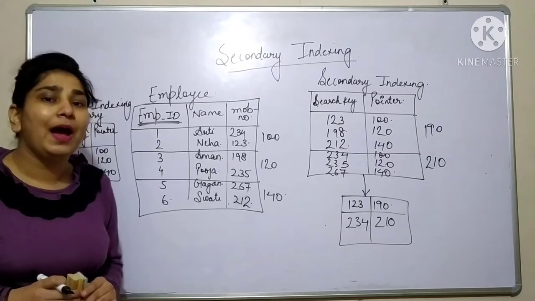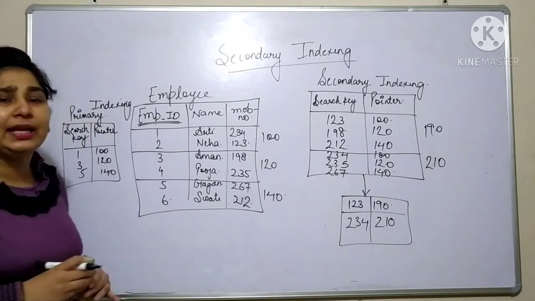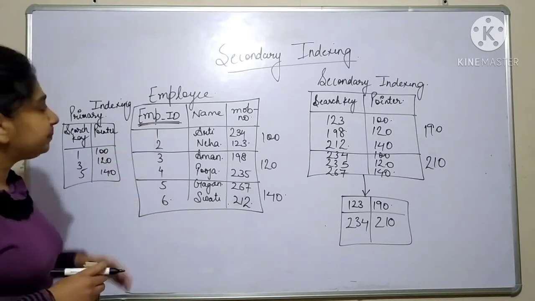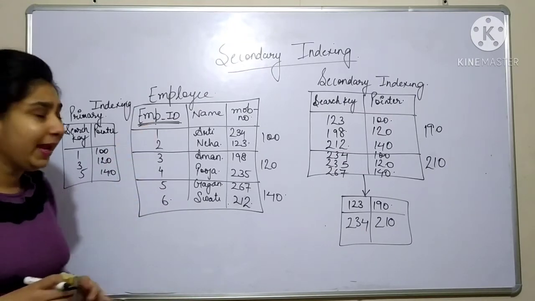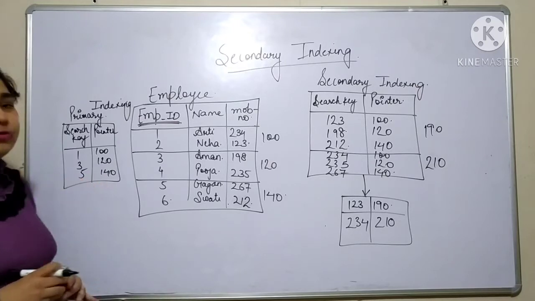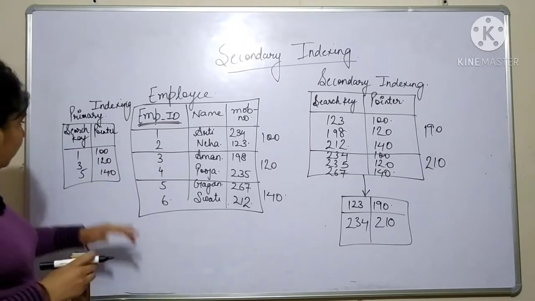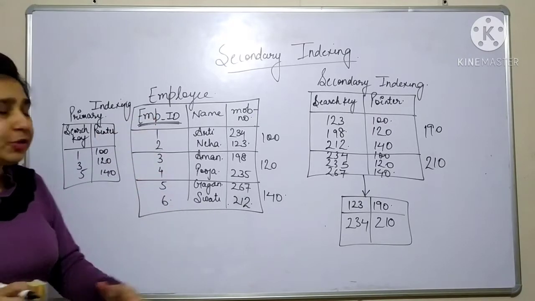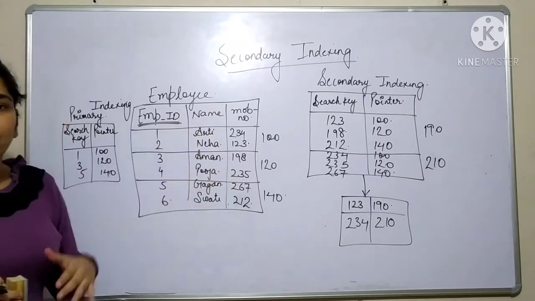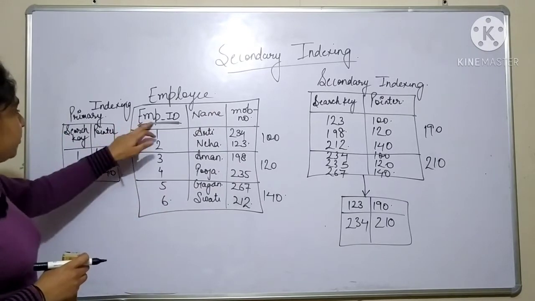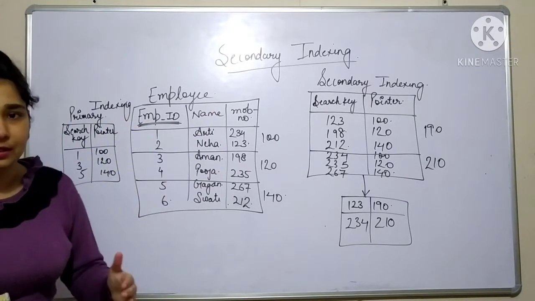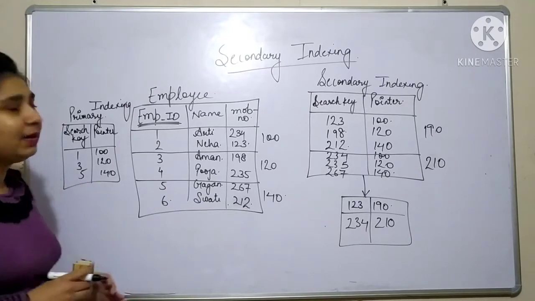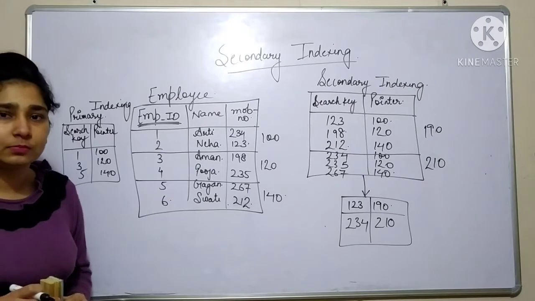So I have made a primary index table on the basis of this employee ID attribute. This is my primary index table. With the help of this index table, if you want to search any employee detail on the basis of employee ID as a search key, then this index table is going to reduce your searching time.